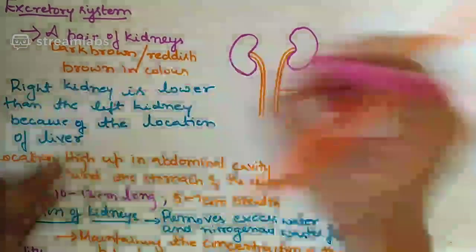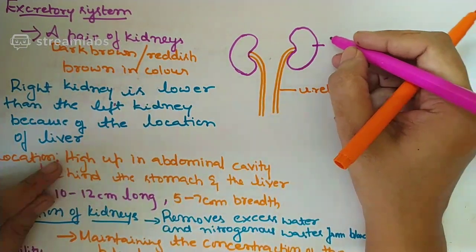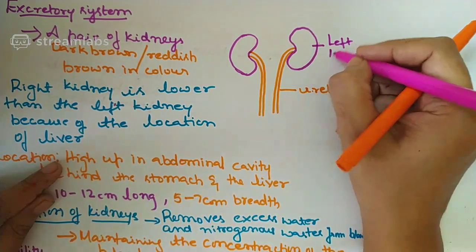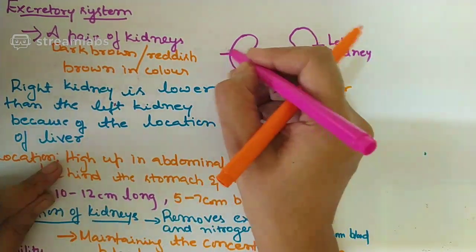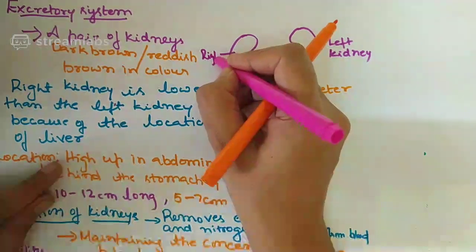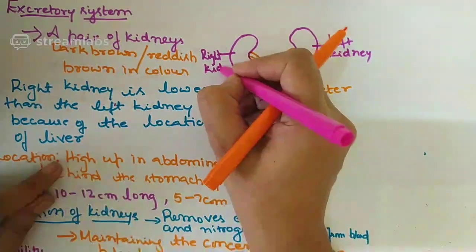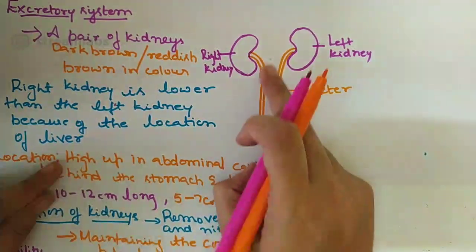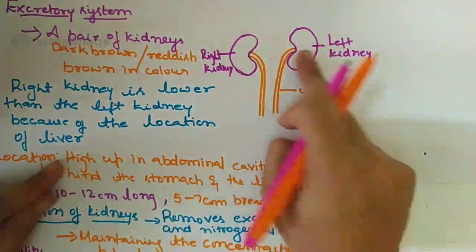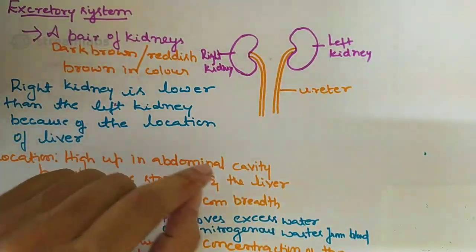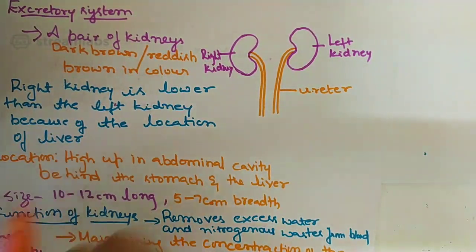What is this, students? This is kidney. Which kidney is this? Left kidney. Which kidney is this? Right kidney. Okay, when you draw it in the same way, slightly lower, slightly higher, and a long muscular tube which is coming out of the kidney. What is that, students?